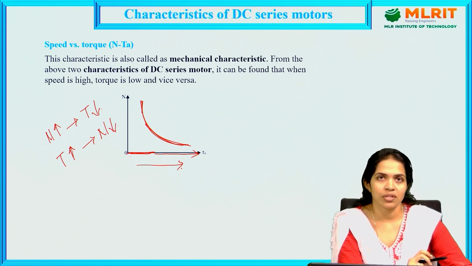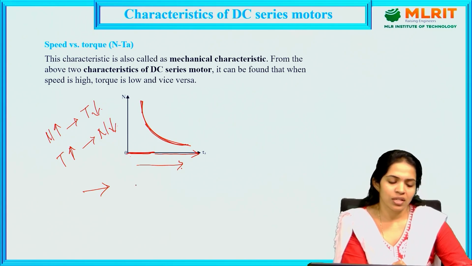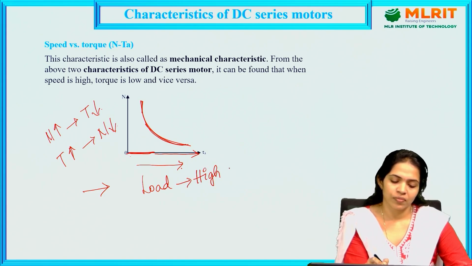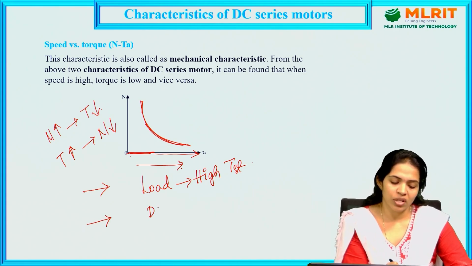From these characteristics, we can see that the DC series motor is applied where the loads require high starting torque, and also that the DC series motor should never be started without loading it.